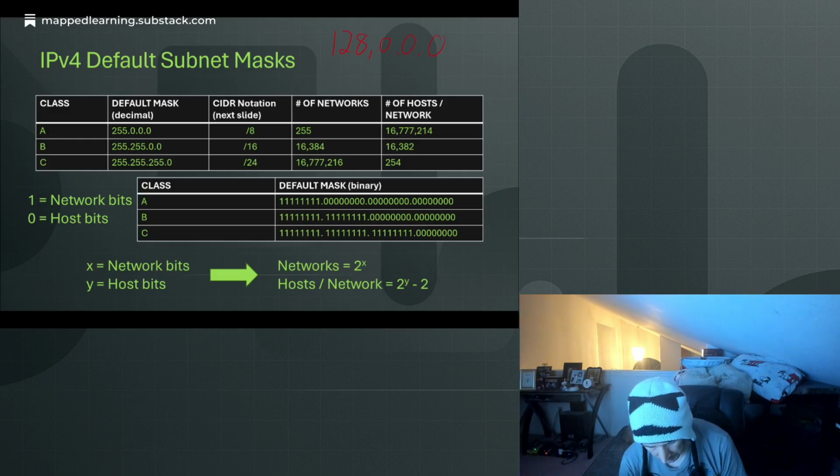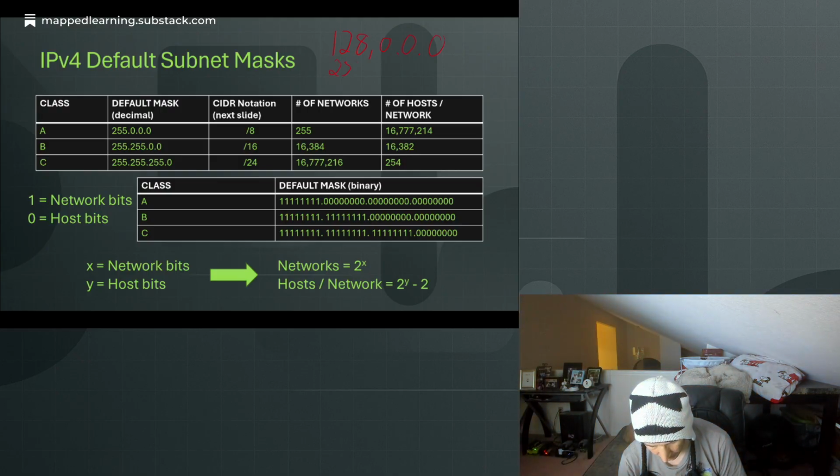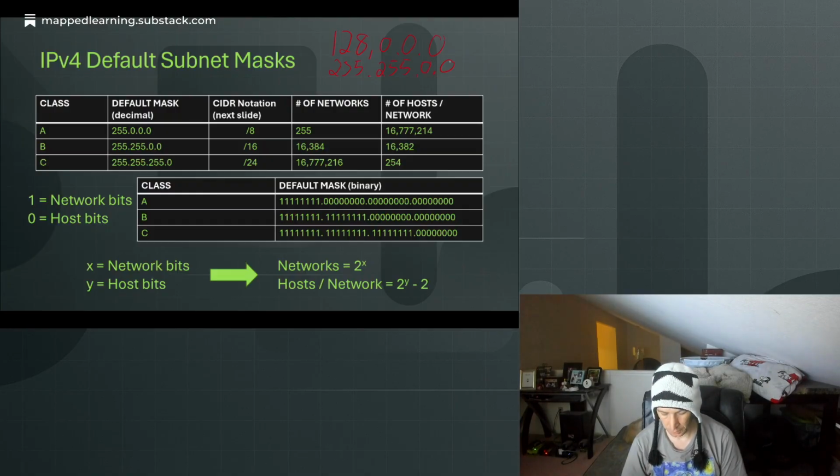So the default subnet mask for this Class B is 255.255.0.0. So I kind of drew it like that. If you look at the first two octets, we have 255.255.